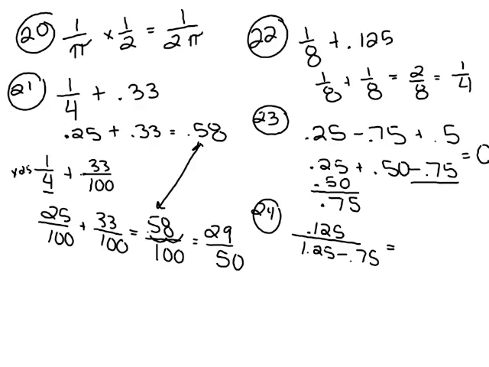So this will change into 0.125 over 0.5. What should I do at that point? Don't you divide them? Can I simplify? Yes. How can I simplify here? 5 goes into 125.